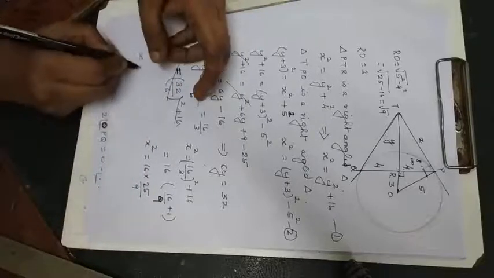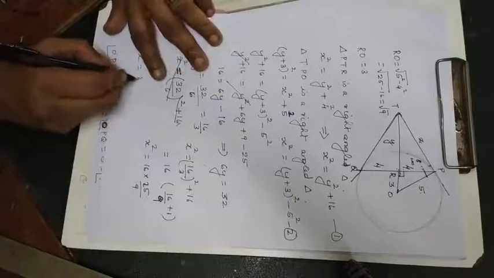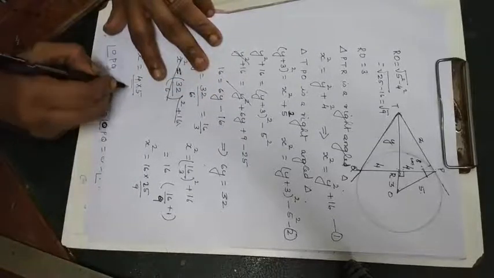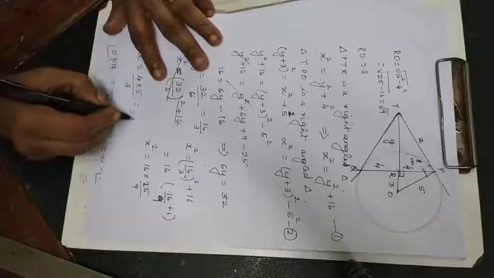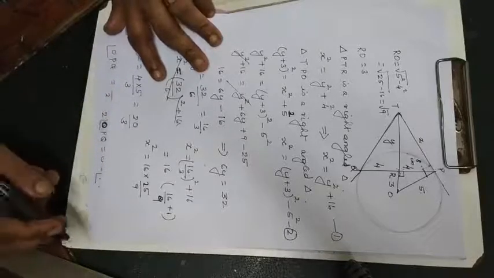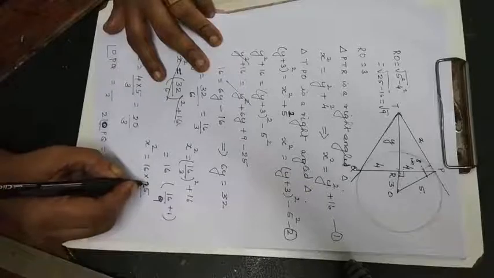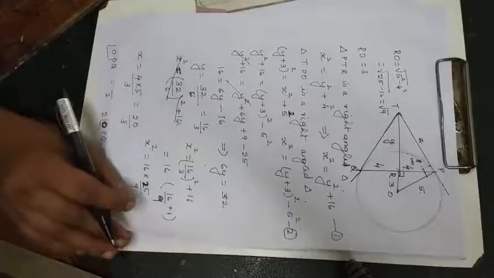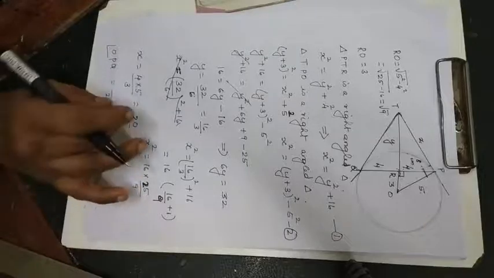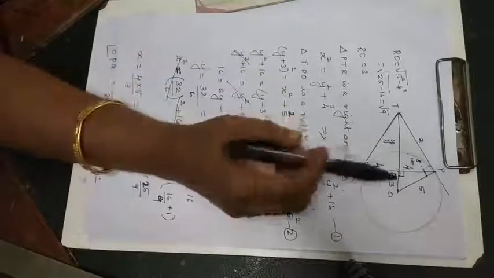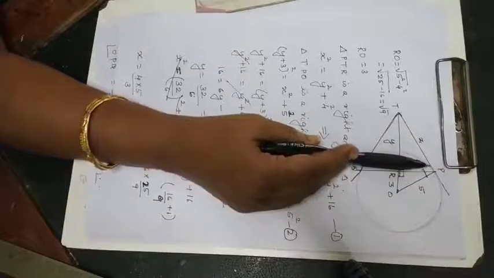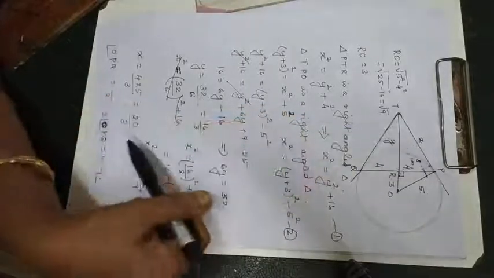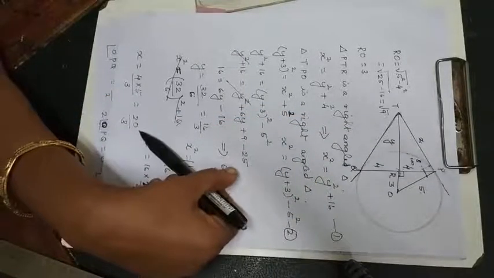So X will be equal to root of this all, 4 into 5 by 3, that is equal to 20 by 3. Now X value got, that is 20 by 3. So X is our length of tangent, that is equal to 20 by 3.